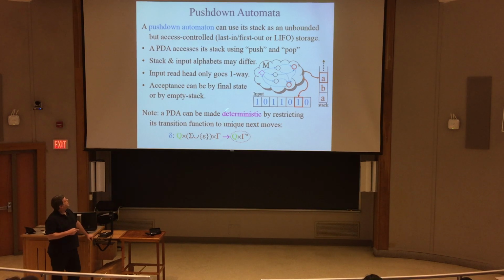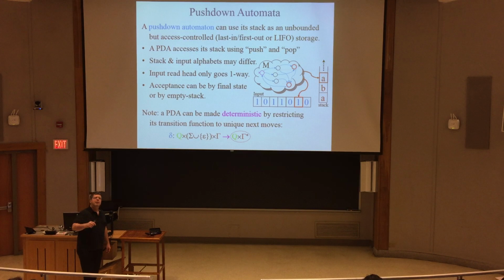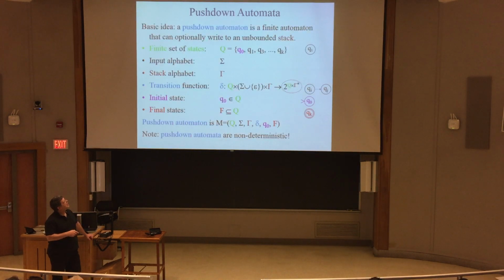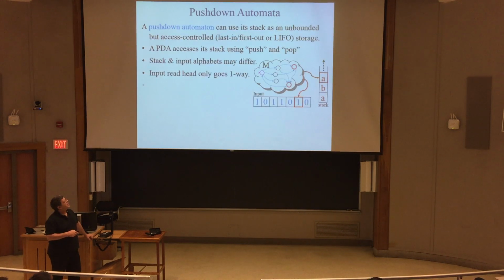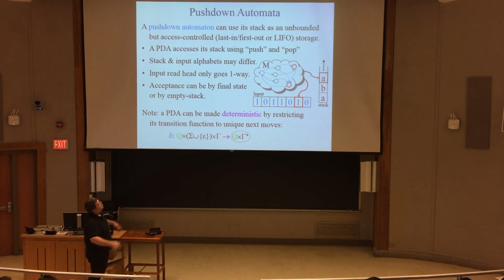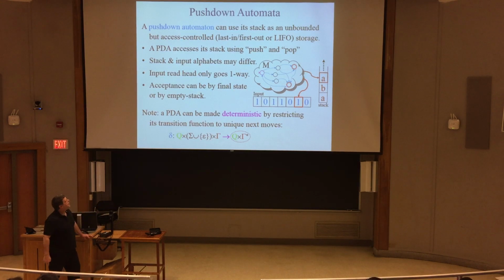So you can make a PDA deterministic by restricting the transition function to be a particular single unique next state and push or pop command to the stack, in which case that 2 is missing. That 2 that we had in the previous slide is missing, and instead we just have that exponent here, the Q crossed the transition, the Q crossed the stack push pop thing.